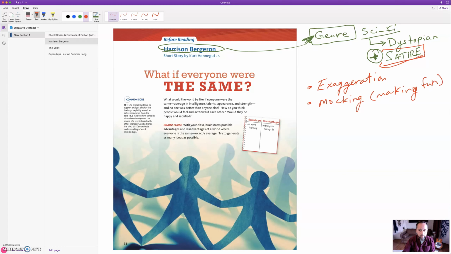It's quite often a political emphasis, so it talks about governments and politics. And through this mocking, it's also using ridicule, which means to make something look ridiculous.